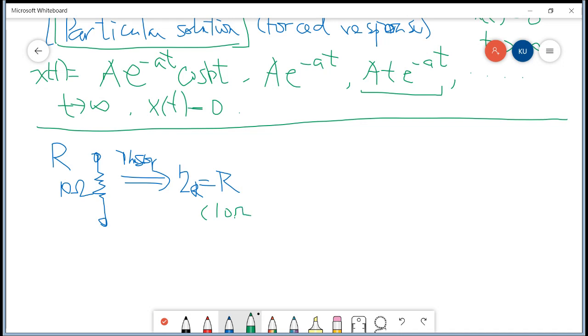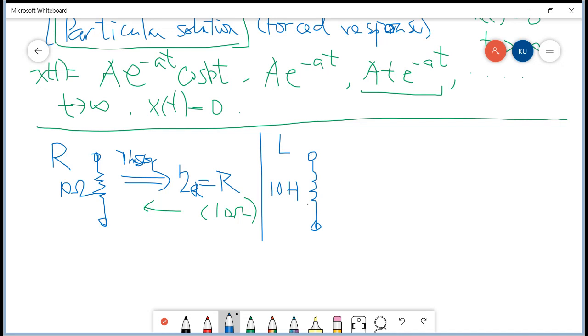Next one is the inductor, L. Suppose it is 10 Henry, maybe it's too large, but just for example.